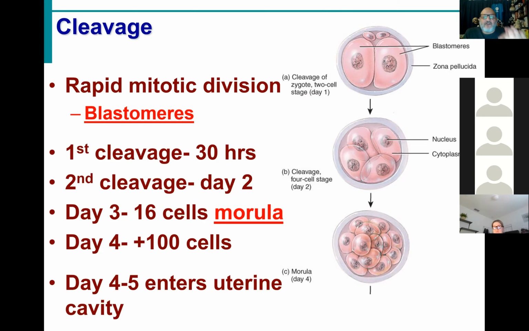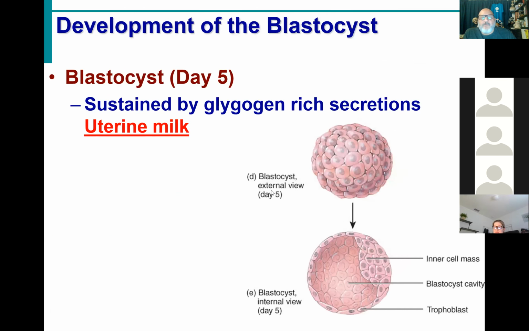But something else magical has happened as well. Remember, up to this point, it has been a solid mass of cells, all completely uniform. But by day 5, our bundles of cells have formed a special structure known as the blastocyst.